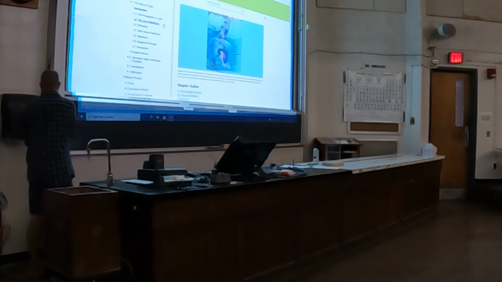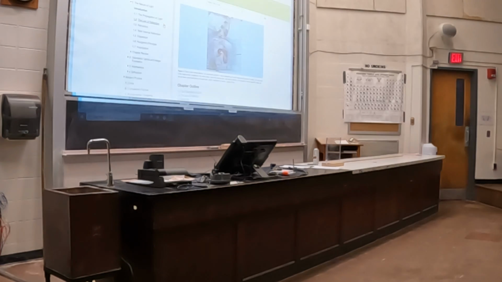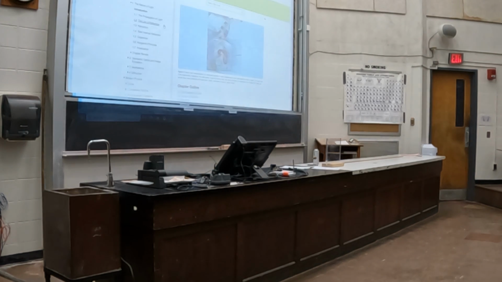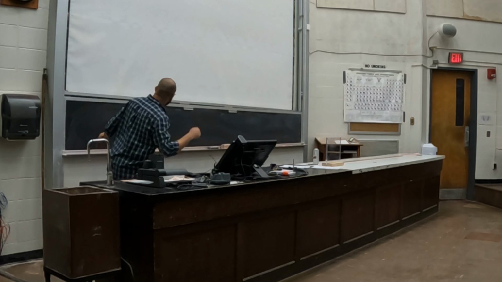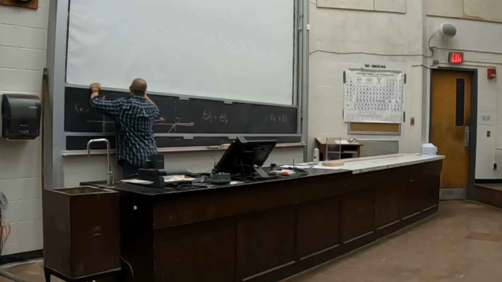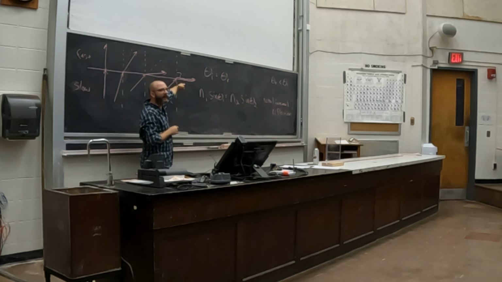How to calculate it? Any questions about it so far? Normally we're going to ask you to calculate the critical angle. How do we do that? The answer's right here. What is the transmitted angle? When light is incident at the critical angle, what's the transmitted angle? 90 degrees.